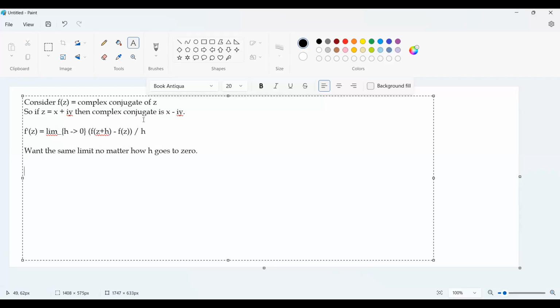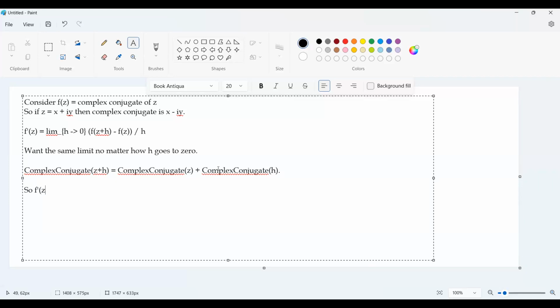And so the complex conjugate of z plus h is the complex conjugate of z plus the complex conjugate of h. So this is just a good exercise to show if I add two numbers and I take the complex conjugate, which is just changing the sign in front of i, that's the same as taking the complex conjugates and then adding them.